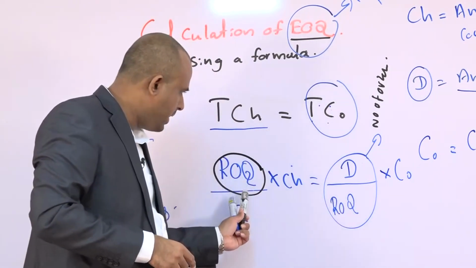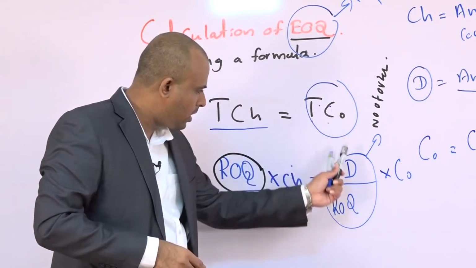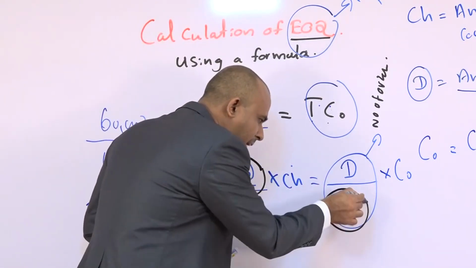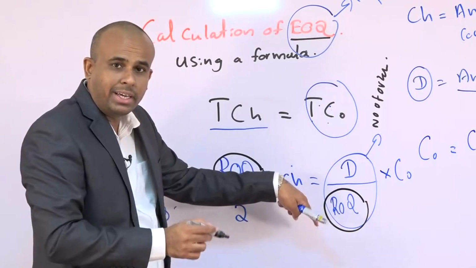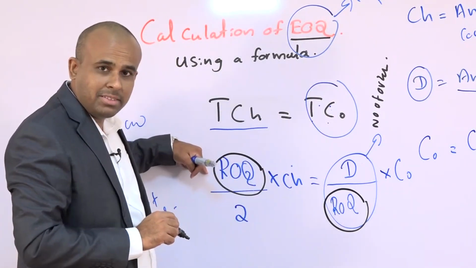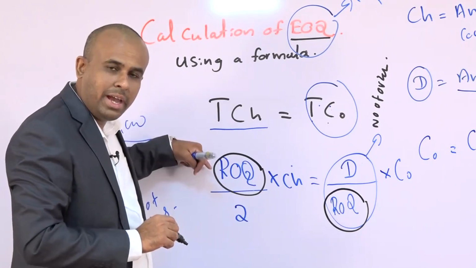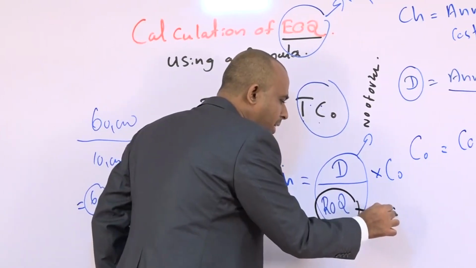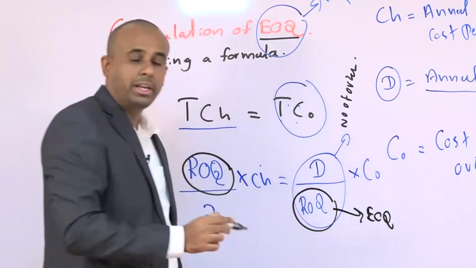So at this point, if you find the reorder quantity, that is the economic order quantity.